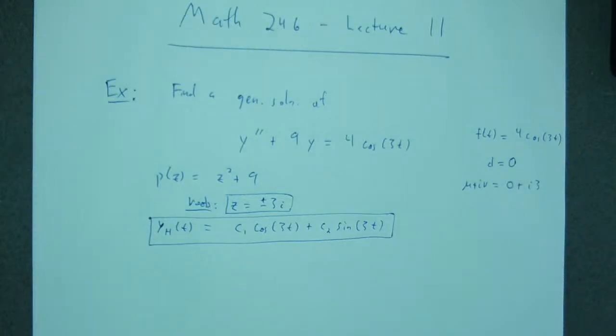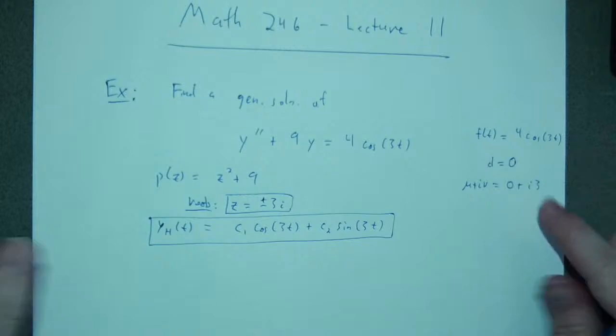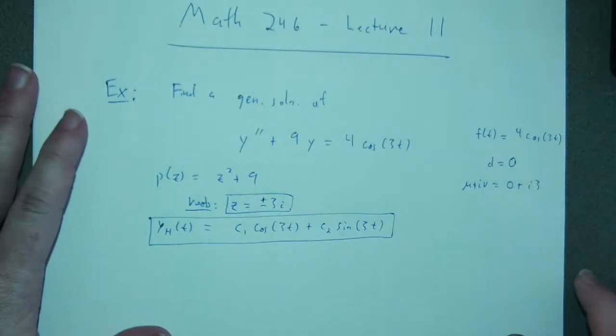And you might say, well, why is there no sine showing up here if this characteristic is 3i? Well, you can just take all of the b coefficients on that second polynomial to be 0, and that's what gives you this having characteristic 0 plus 3i.